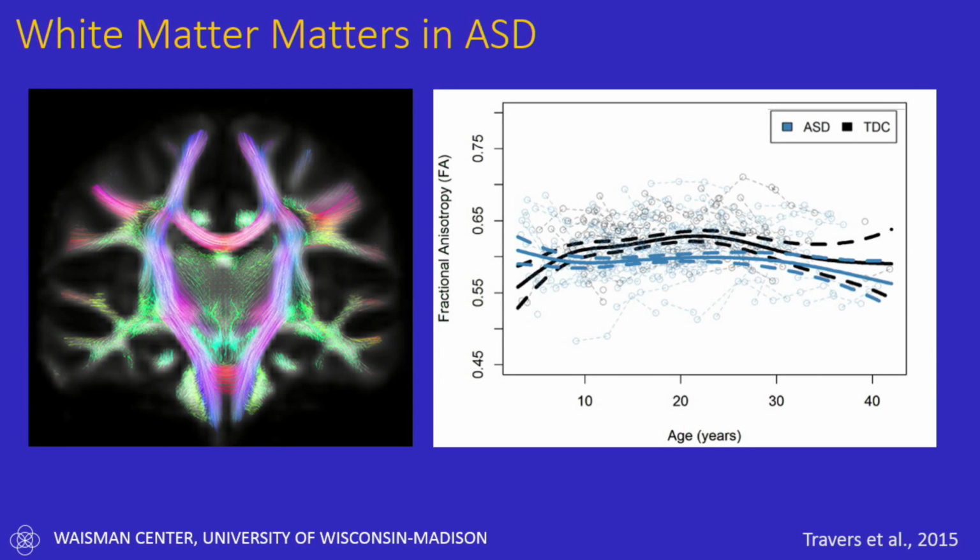We see an interesting pattern where the paths cross, indicating that FA is increasing in the typically developing controls, but more or less plateauing, staying relatively flat, across the lifespan in autism, which gives us information about how the white matter is changing throughout the lifespan.